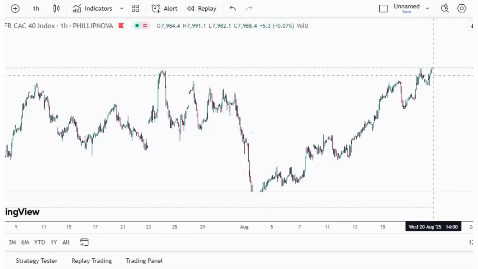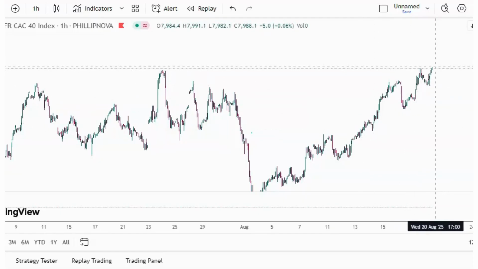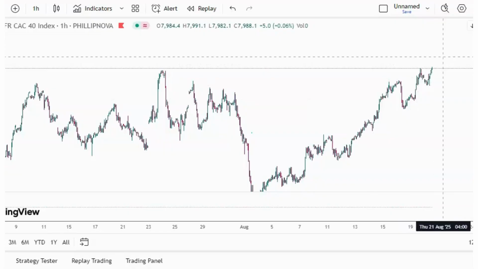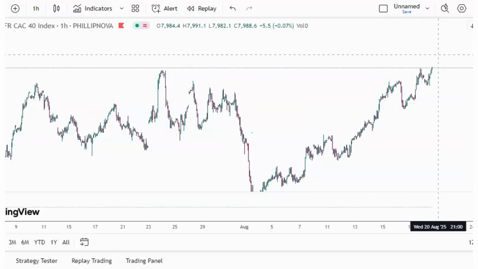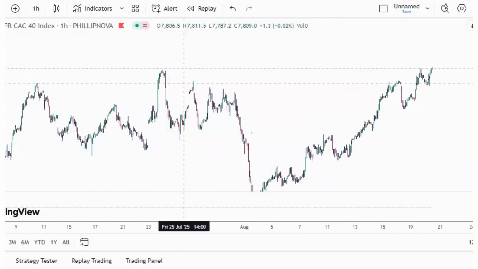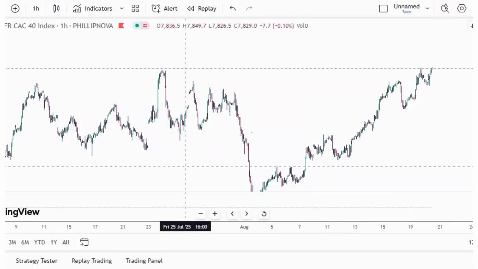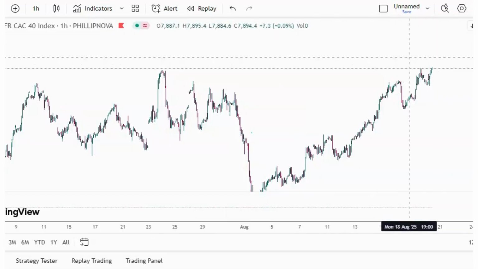But we have to see the price go up a little bit and close higher. Let's say here. If the price went up today or tomorrow and closed way higher than the previous resistance level, it's the green light for buying. It's going to go parabolic.